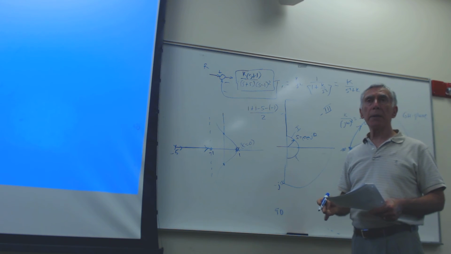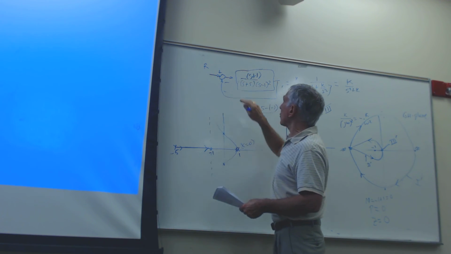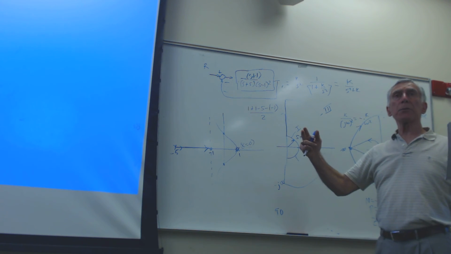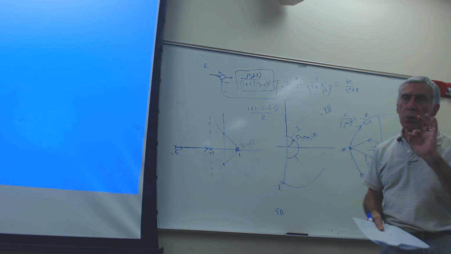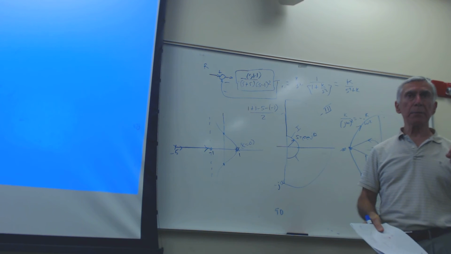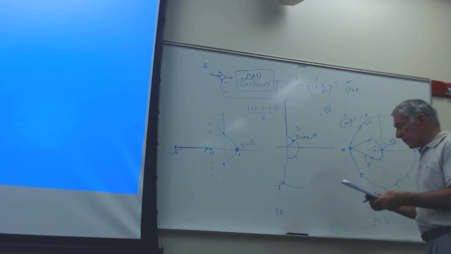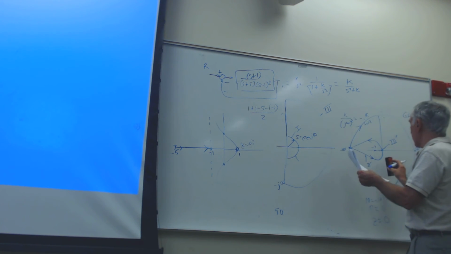In other words, if k equals 1, right, you can either compress it or expand it to find the actual 180-degree phase crossover point, like we did in the previous example. Okay. And so what this is going to look like in this case is this.